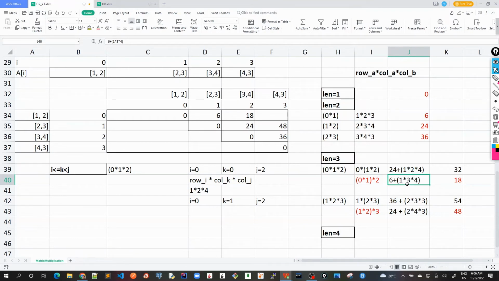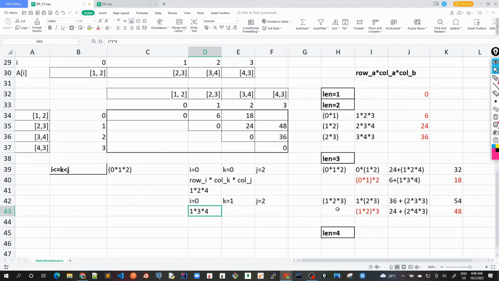And now for this part, 1 multiplied by 3 multiplied by 4, it's the same formula as this one. So row of i, that is row of 0, is 1, right? 1 multiplied by column of k, which is matrix 1, is 3, multiplied by column of j, which is again 4.